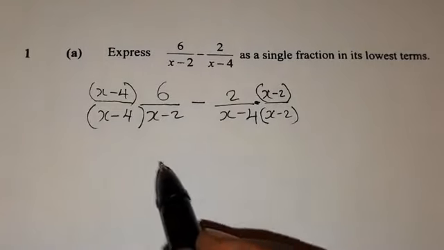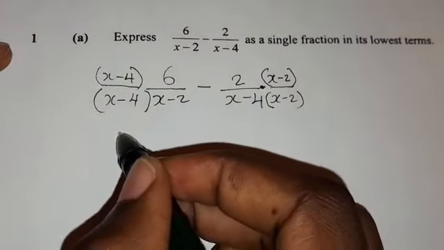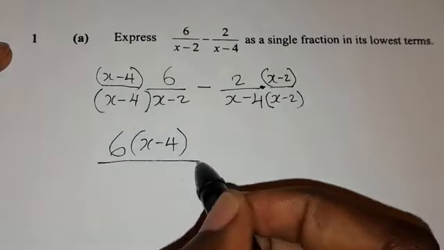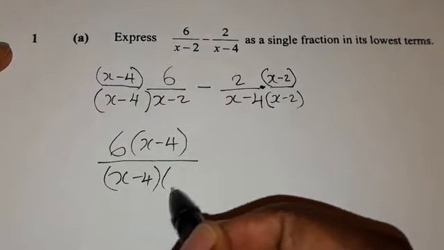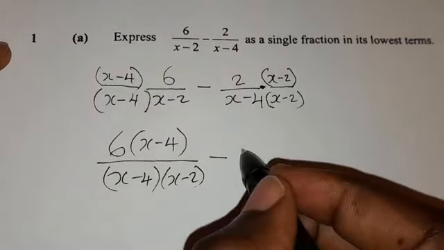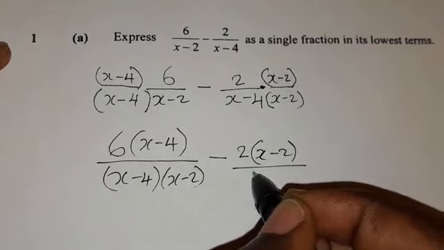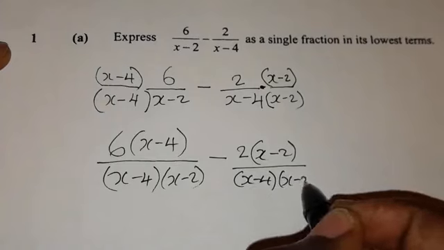What we are going to have now is 6 times x minus 4 over x minus 4, x minus 2, then minus 2 times x minus 2 over x minus 4, x minus 2.